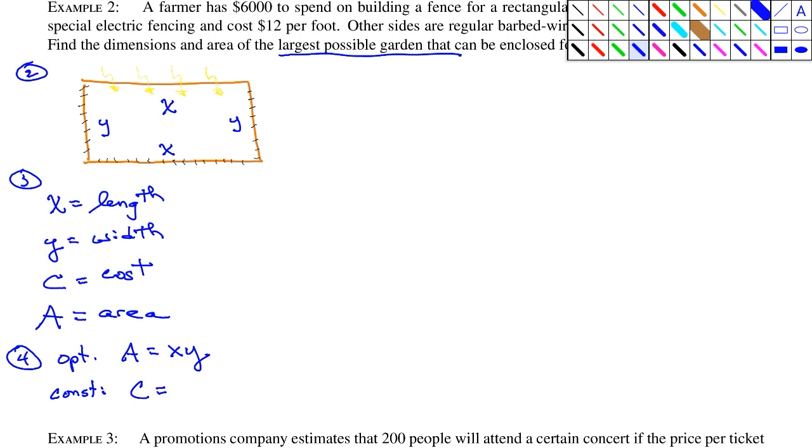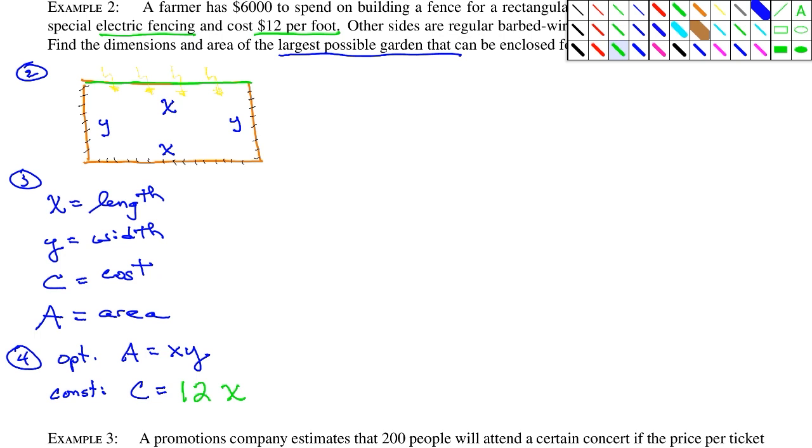Well, it's going to cost $12 per foot for the special electric fencing. This is the electric fence side right up here. And so there are X feet of electric fencing, and it costs $12 per foot. So that's going to be 12X.